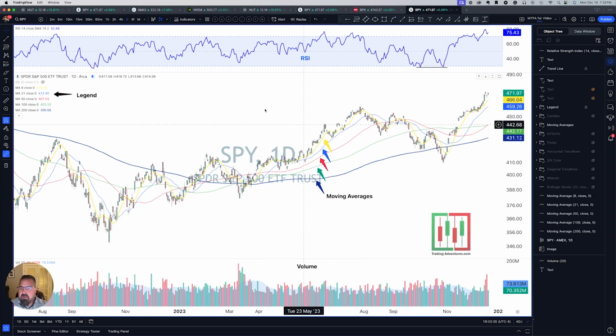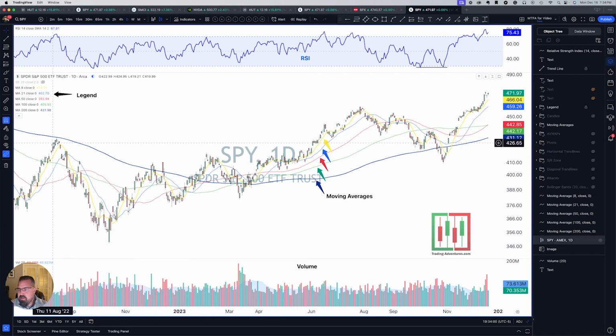Things you want to look at with the moving average: is the price above or below? And is it above the 8, the 21, the 50, the 100, and so on? Those are indications of trend presence and strength of trend on all those different time frames. Is price extended far above a moving average?